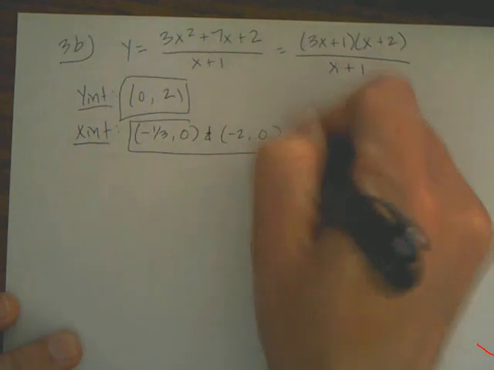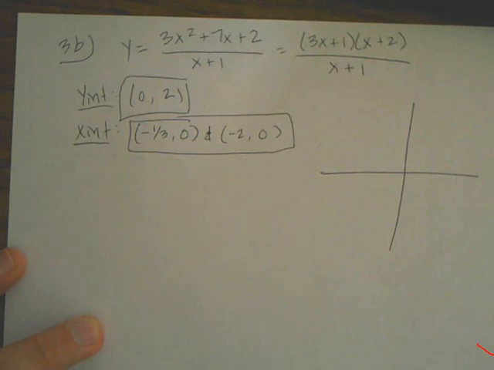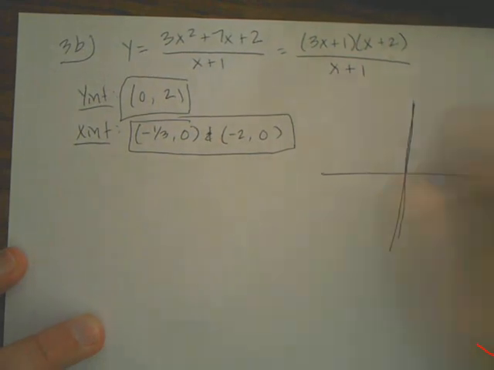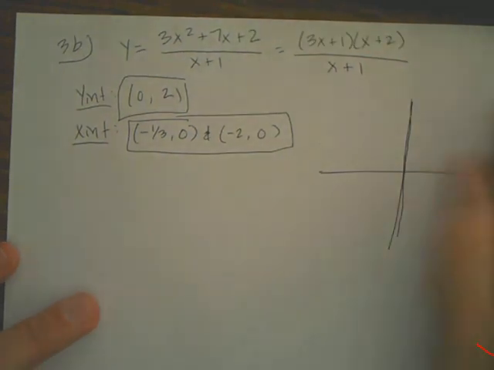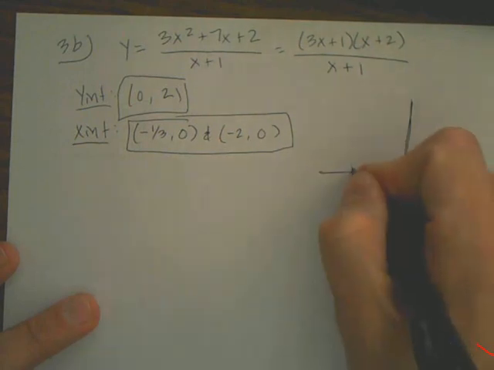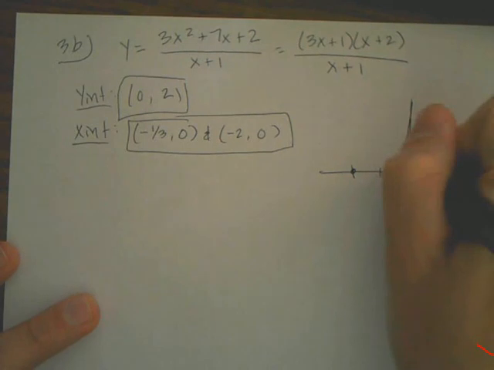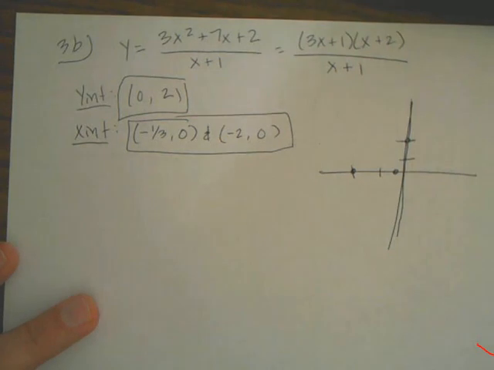Okay, I'm going to try and graph these. Oh, it's a terrible crooked graph. Anyway, so negative 1, negative 2. Here's my easy one. Negative 1/3 is about right there. My y-intercept right there. Okay? Alright, vertical asymptote.